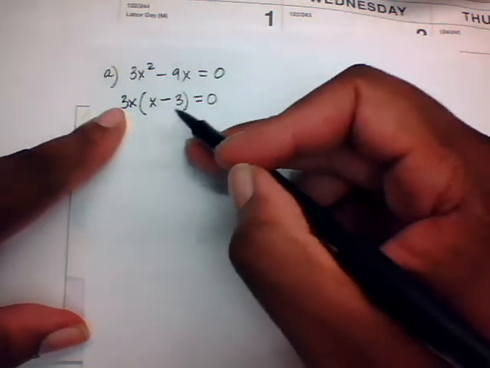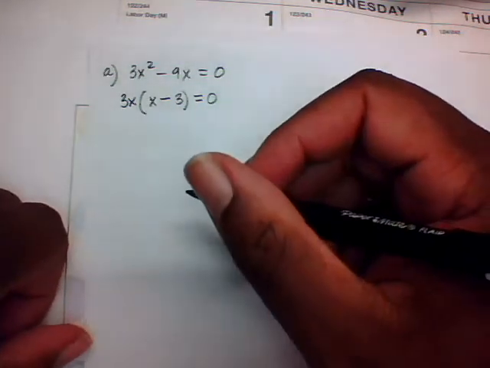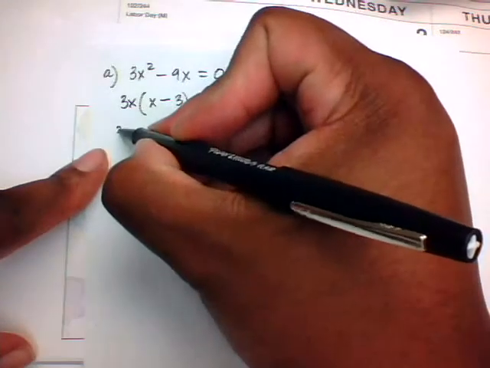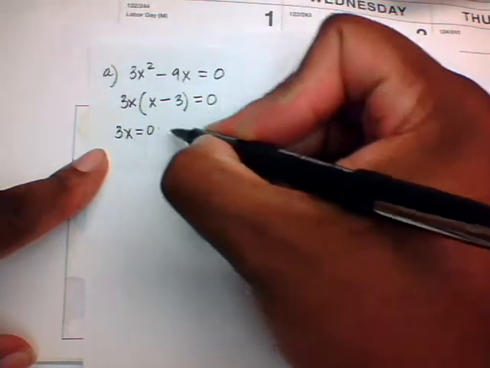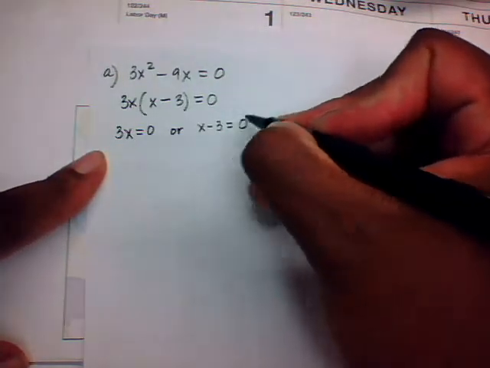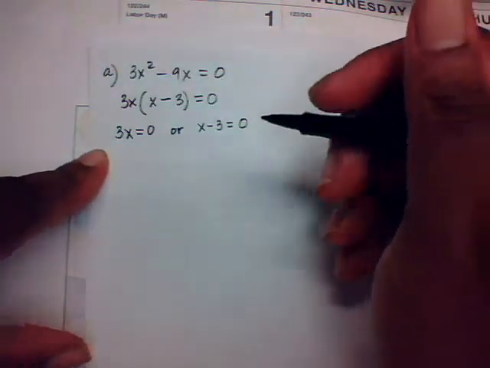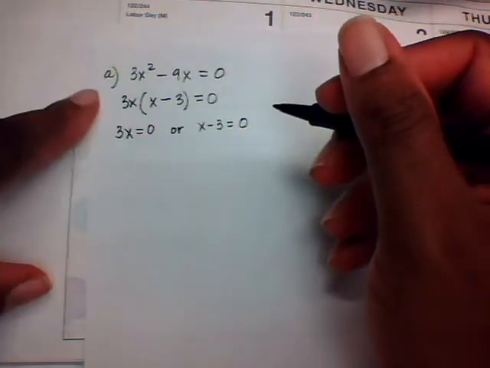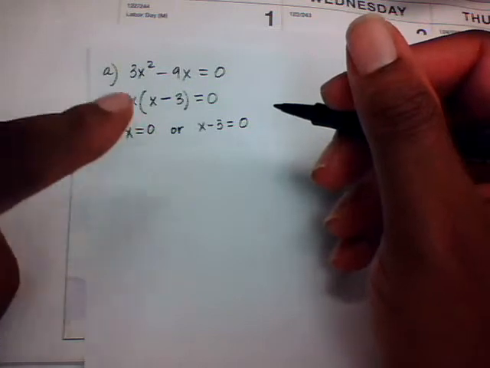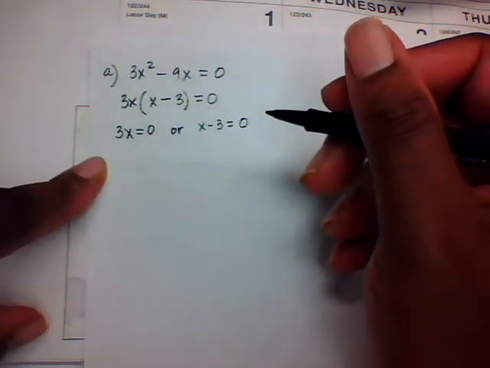And then we're going to set each factor equal to 0 using the zero product principle. That means we have 3x equal to 0, or the second factor, x minus 3, equals 0. So here I'm applying the zero product principle by setting each factor equal to 0. And for each equation, I'm going to have to solve for x.